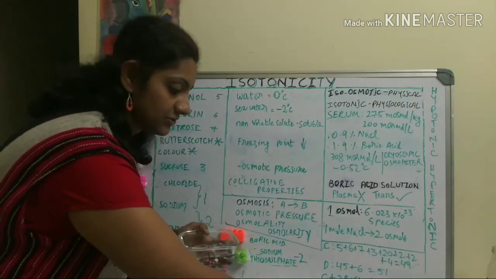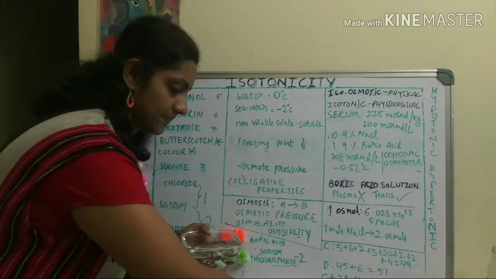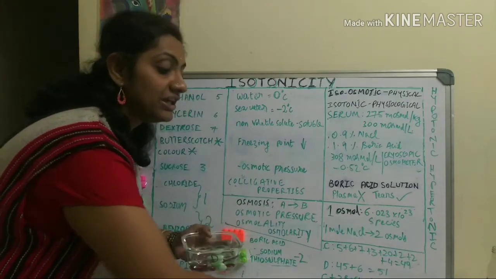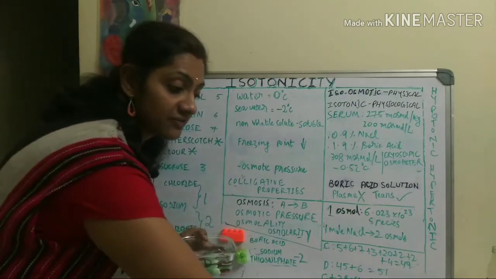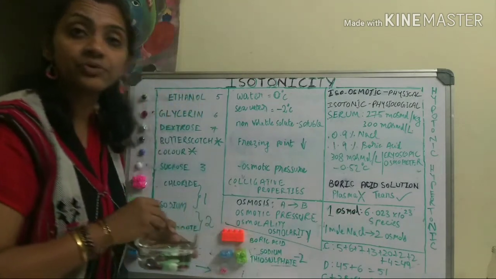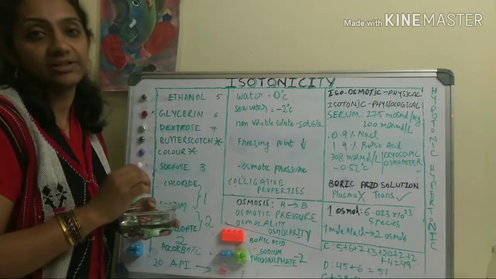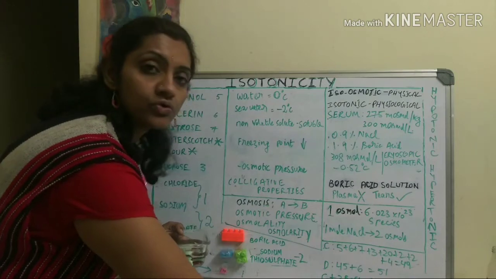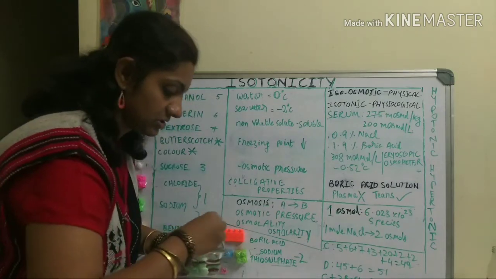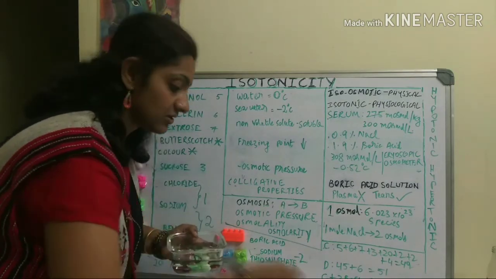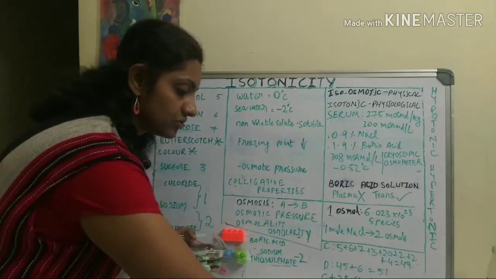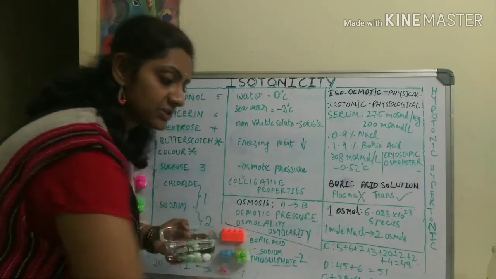Just let me add it. Each sodium thiosulfate is contributing 3 entities, 2 sodium ions and 1 thiosulfate ion. So in total they are giving 3. The rest of the additives are the same.